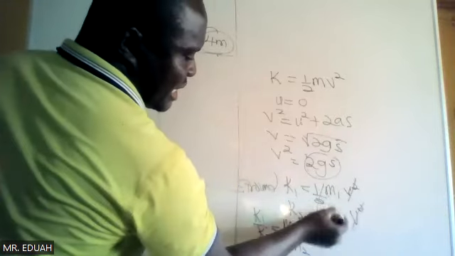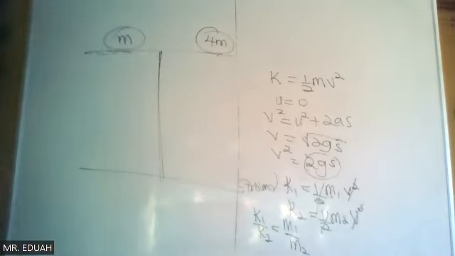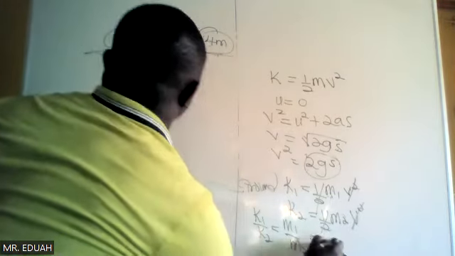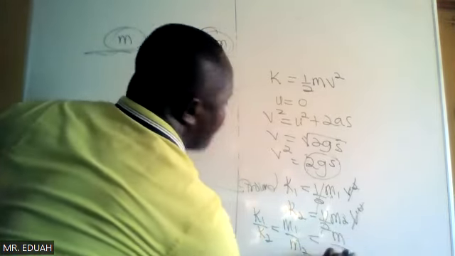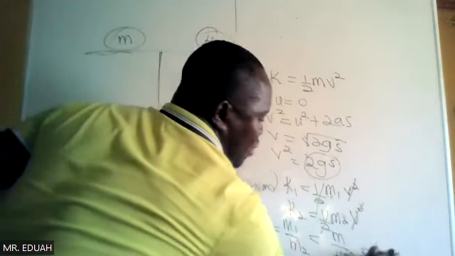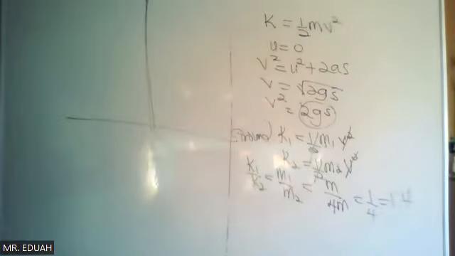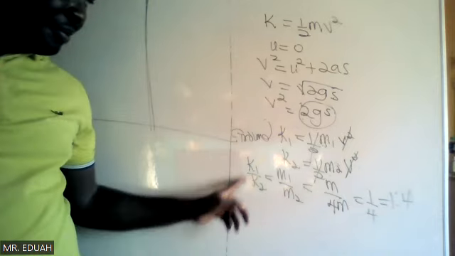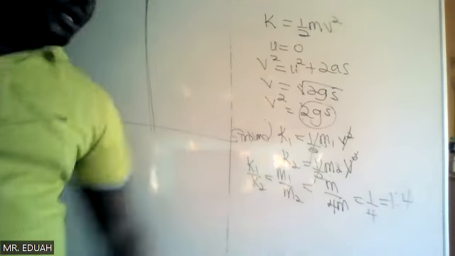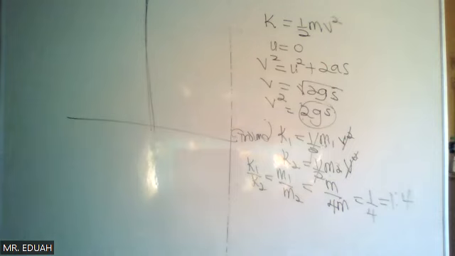What will be changing is M1 and M2. And so this will be equal to M over 4M, which is equal to 1/4, or 1:4, as the ratio of their kinetic energies. So that will be 1:4.